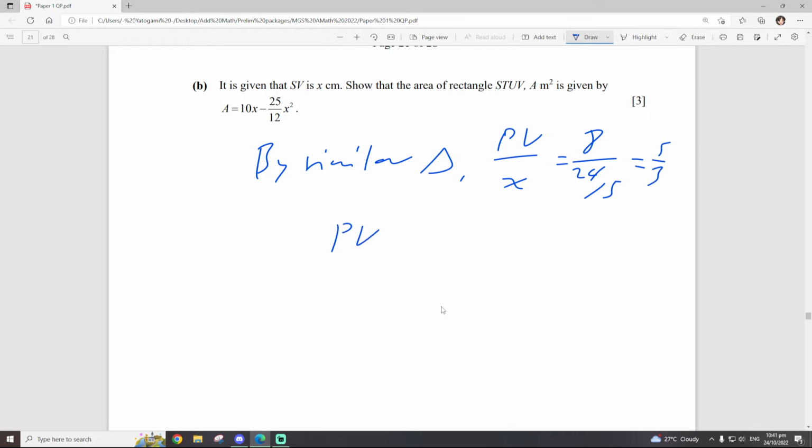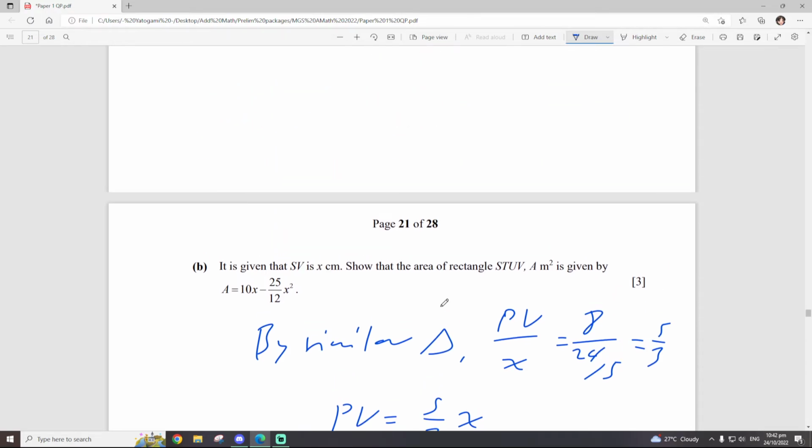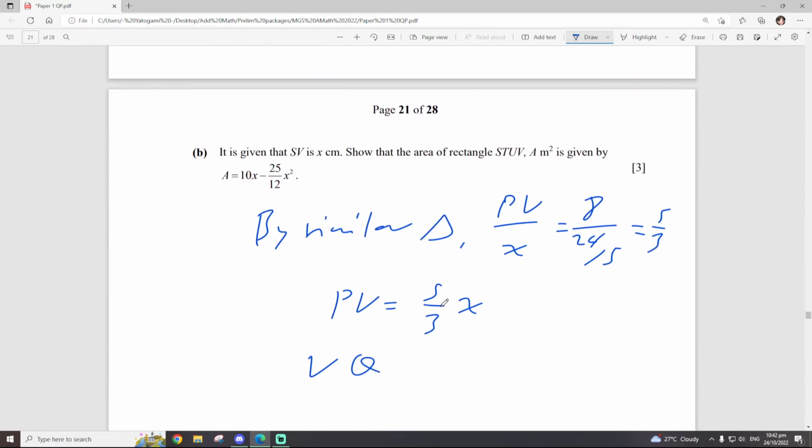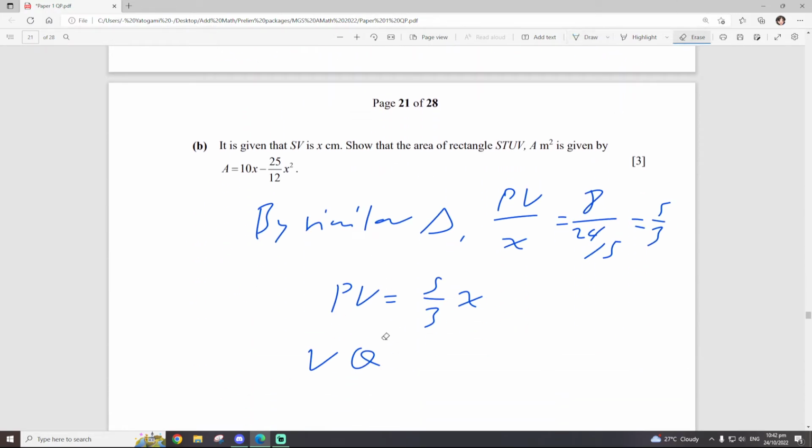So therefore PV equals to 5 over 3 times x, and VQ or VR? VR. Okay. VR is 8 minus 5 over 3x.